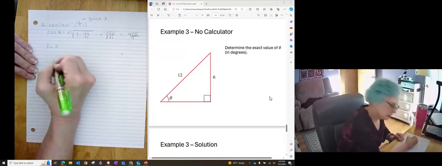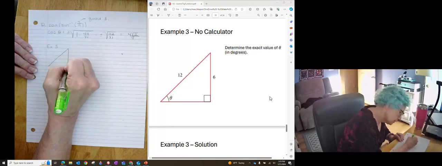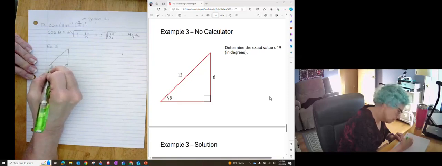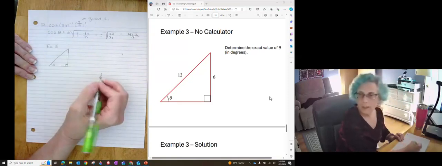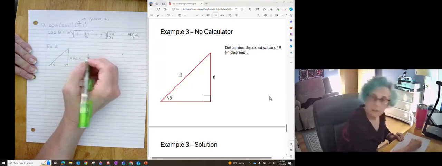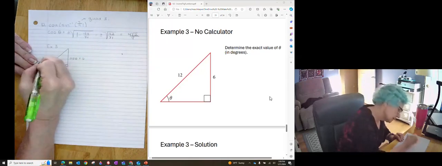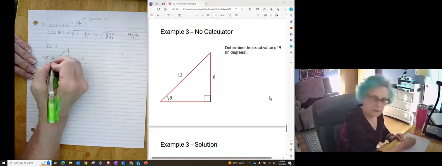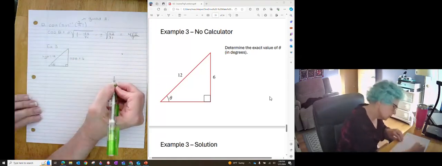Example 3, theta is living right here in this corner. Here's my right angle. And I have opposite is equal to 6, and hypotenuse is equal to 12.